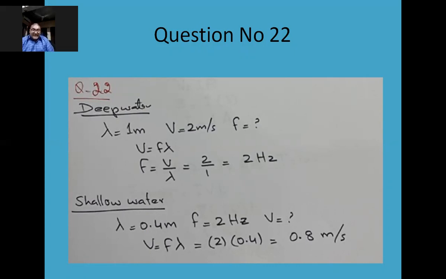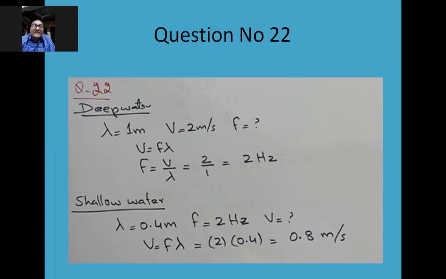When the same wave goes into the shallow water, the frequency does not change. The frequency remains the same. So the frequency will be 2 hertz. The wavelength is 0.4 meters. 0.4 meters is coming from the diagram in the question. And the question is, what is the velocity? You know V equals F lambda. F is 2 and lambda is 0.4.